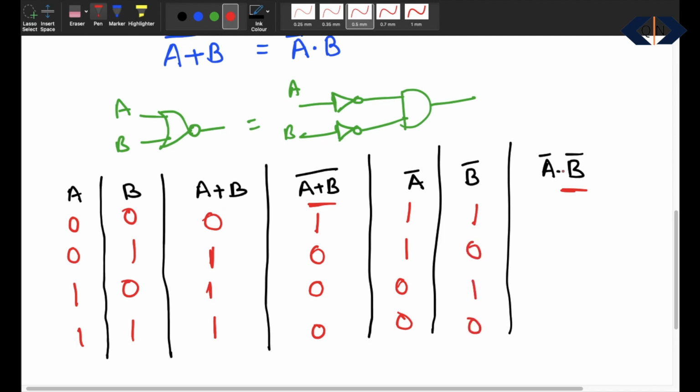Now we have to perform the AND operation between the two, so 1 into 1 is 1, then 0, 0, 0. From here we can see that A plus B bar equals A bar dot B bar. So we can say our De Morgan's second law also holds true.